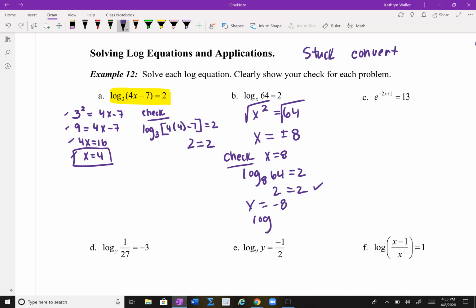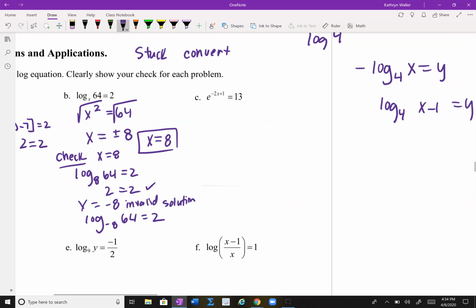Well, then you're going to have log base negative 8 of 64 is equal to 2. Well, your base can't be negative, so that's not going to work. So you write the words invalid solution, and the only answer is x equals 8, and you're done. And you know you're right because you plugged it in and it worked.